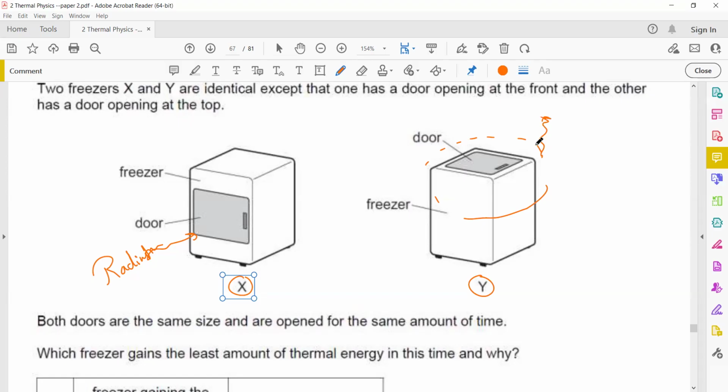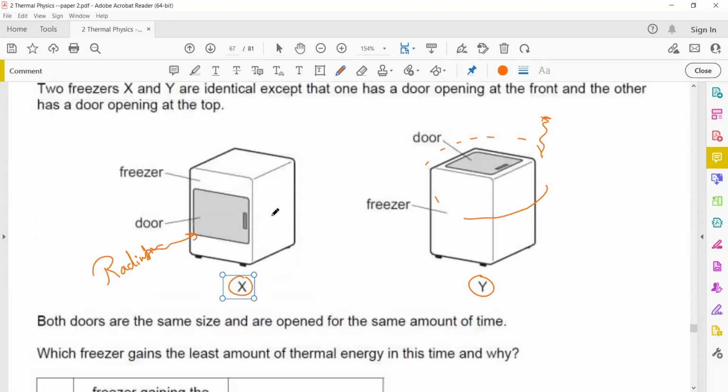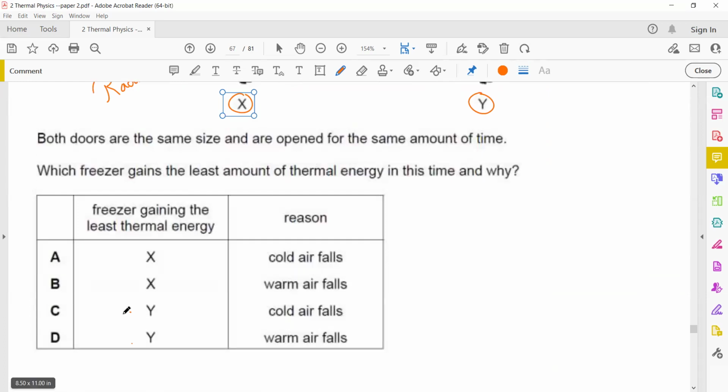So freezer Y will receive less thermal energy. So the freezer gaining the least thermal energy will be Y. So it will be C or D. The reason is that cold air falls while warm air rises. So it will be C.